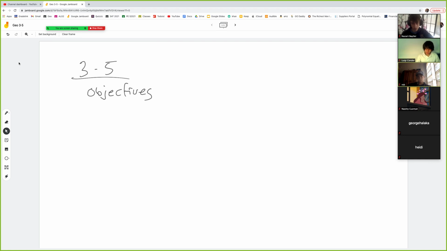All right. But in the book, you have 1 to classify polygons. Okay. What does that mean? Okay. The name of the polygon, the type of the polygon. Okay.